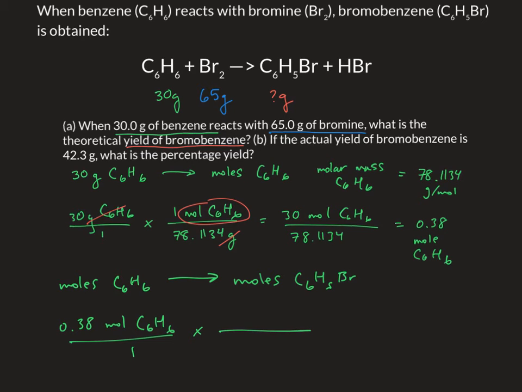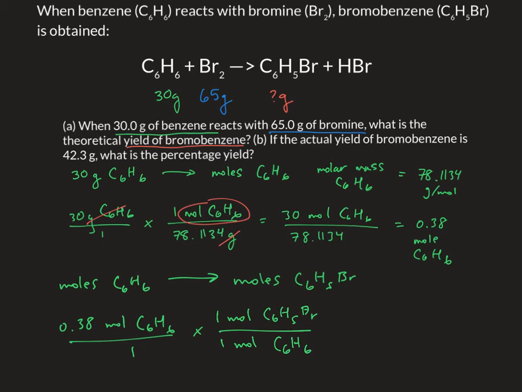Let's take a look at the formula. For every 1 mole of benzene we have, we form 1 mole of bromobenzene. So we're going to write that in. We have 1 mole of benzene to every 1 mole of bromobenzene.